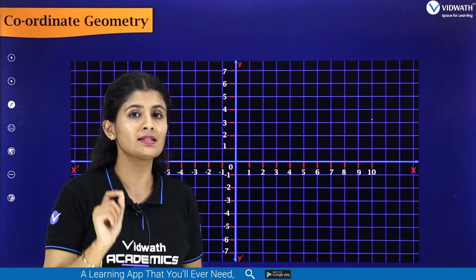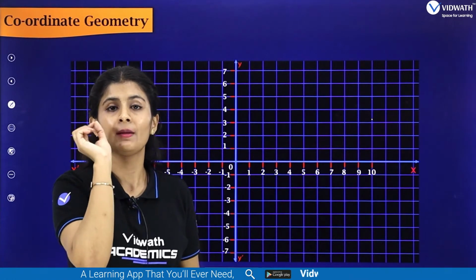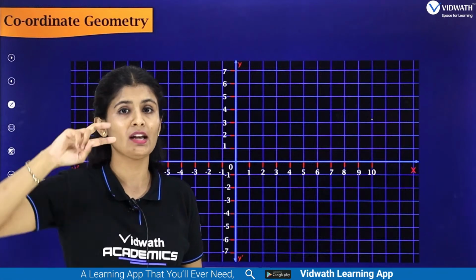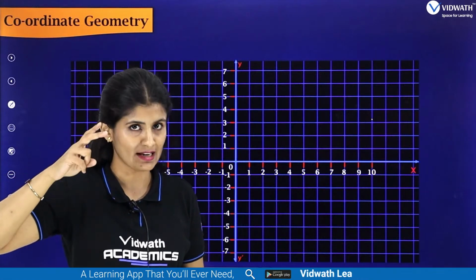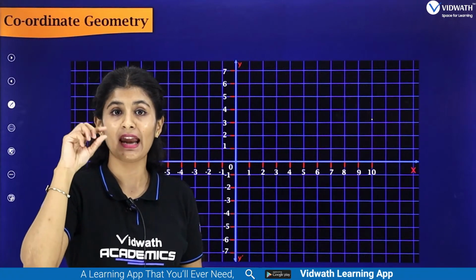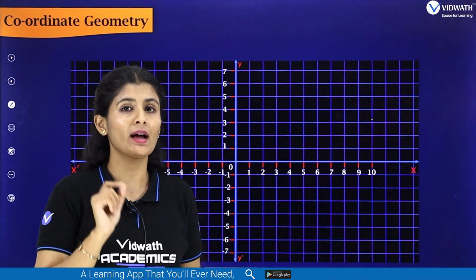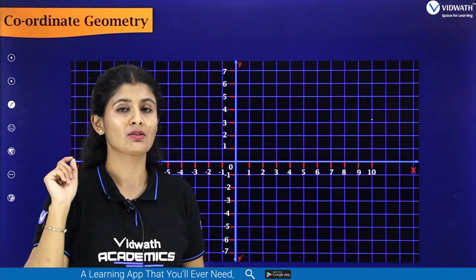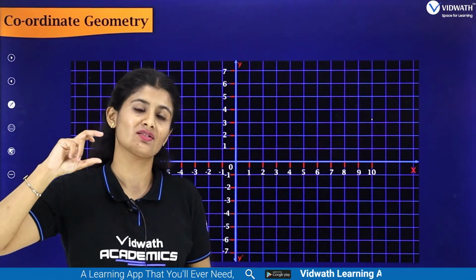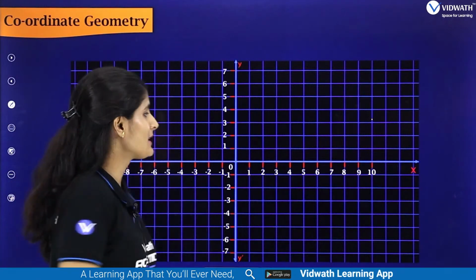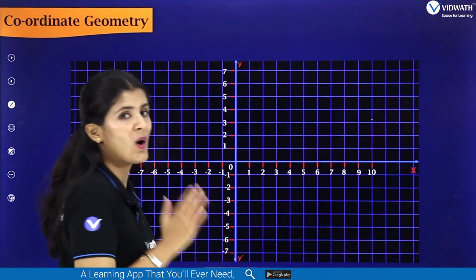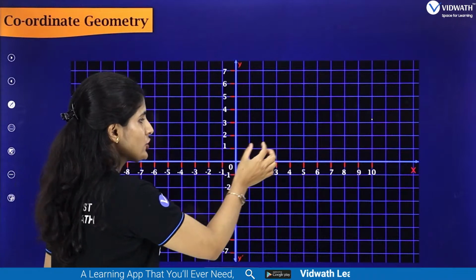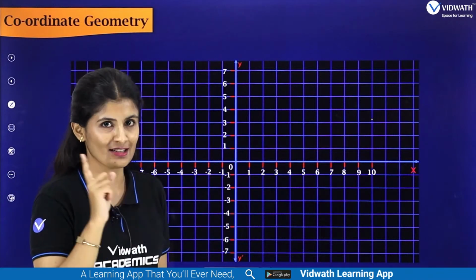You will also notice 9 fine lines between any two consecutive bold lines. Now, the distance between any two fine lines is 1 millimeter. Therefore, there is a total of 10 millimeters of distance between any two bold lines, which gives us 1 centimeter. Hence, the unit that we take on the graph sheet in your graph book is nothing but 1 centimeter. Each unit distance is 1 centimeter.